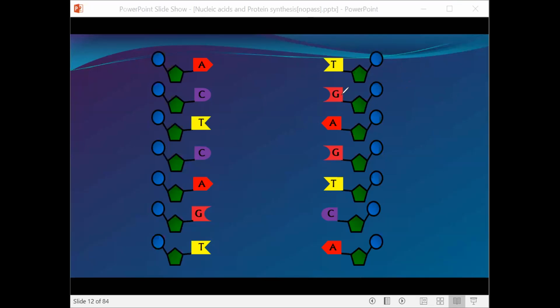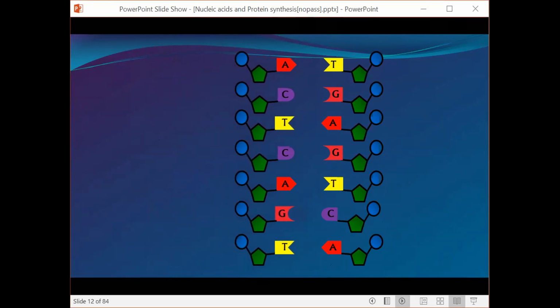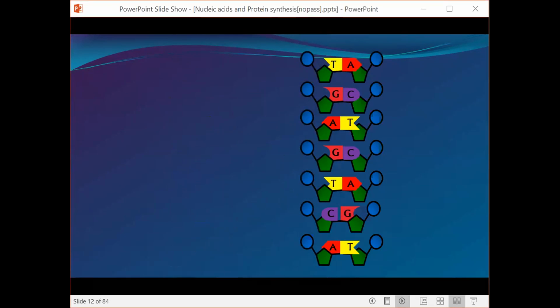Anyway, so yes, this part should be facing in the opposite direction, reversed. As you guys said, anti-parallel. So you guys remember. Very happy. Boom. Attached. There goes, our DNA has been made.